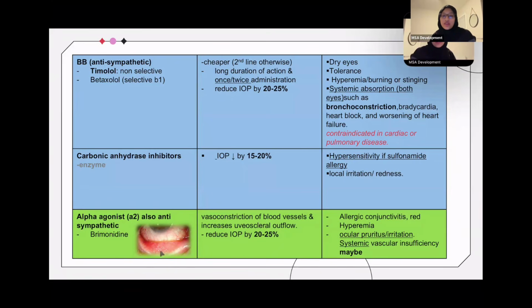What is the side effect? What you see here, you see similar findings to allergic conjunctivitis. So red eye with tiny bumps and follicles that you can see. So it can cause ocular pruritus and irritation and red eye, and it can cause systemic vascular insufficiency because it vasoconstricts blood vessels in general.